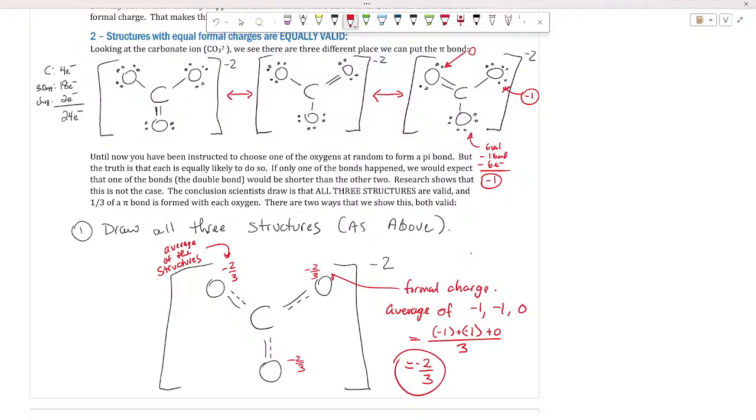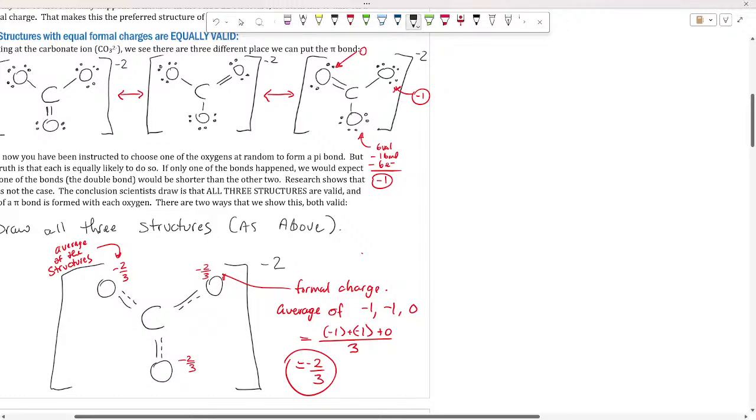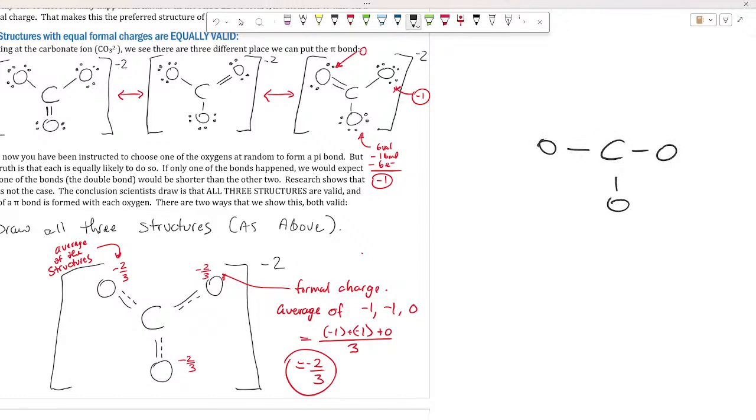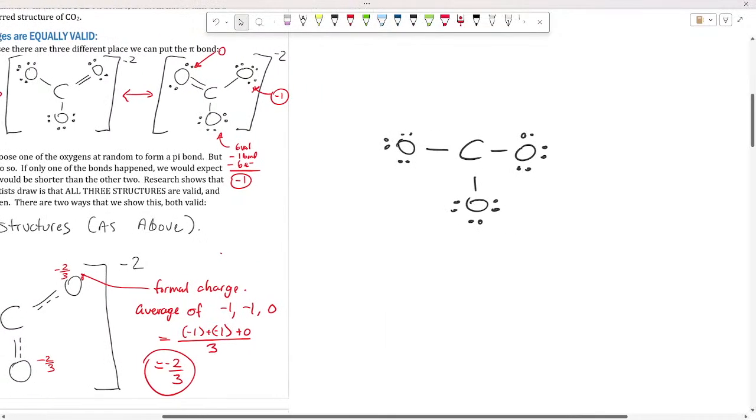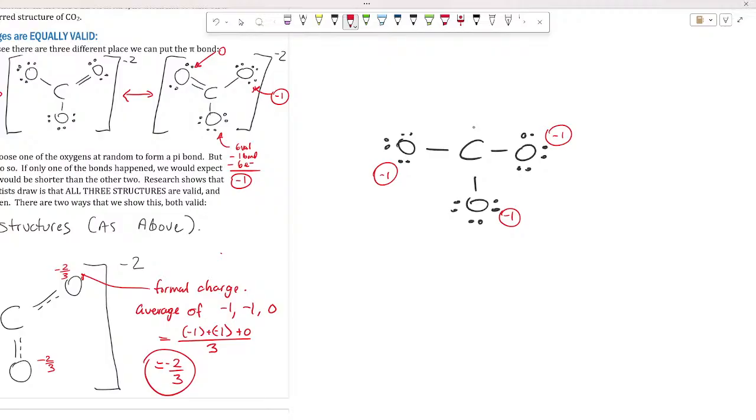If we could draw a third structure of this, I'm sure we could. Like I could draw this structure here, carbon, oxygen, oxygen, and just put lone pairs of electrons around all these. That's also a structure, but the reason this doesn't become part of our resonance structure is because here the formal charges would be -1, -1, -1, and what would carbon's formal charge be here?